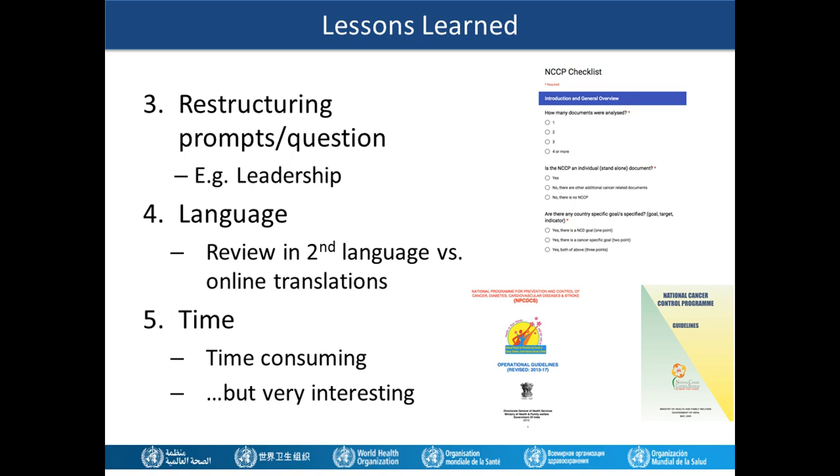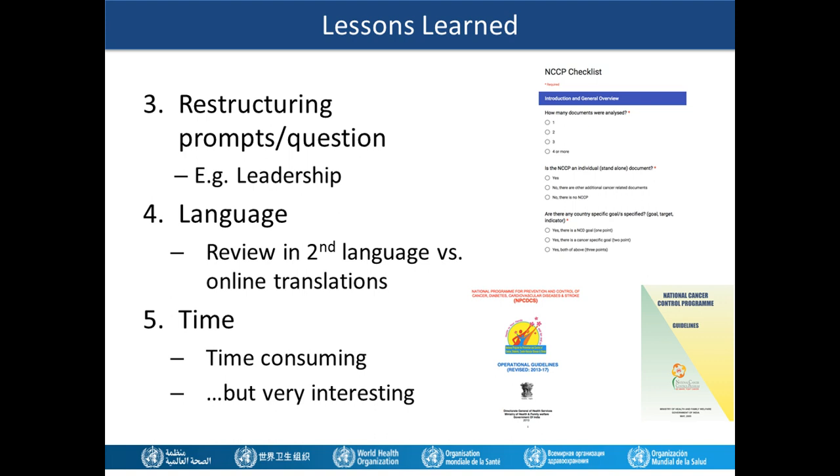Julie and I were discussing earlier that amongst all the experts we have on the call here, we have the reassurance of most languages being covered. We're very grateful for this, because it is significantly preferred to review it in the original language than through an online translation. We found the online translations adequate, but not optimal.